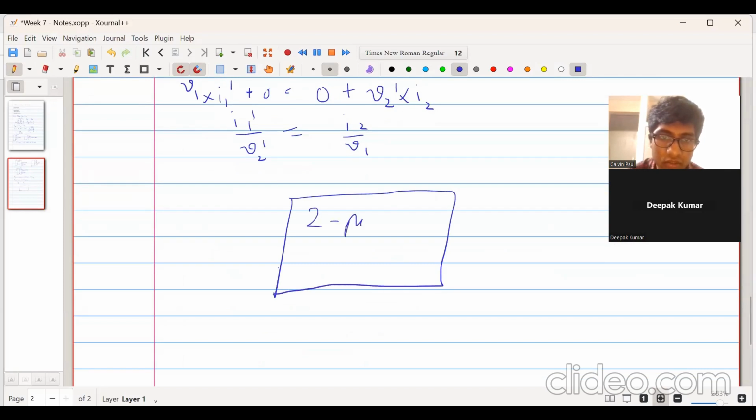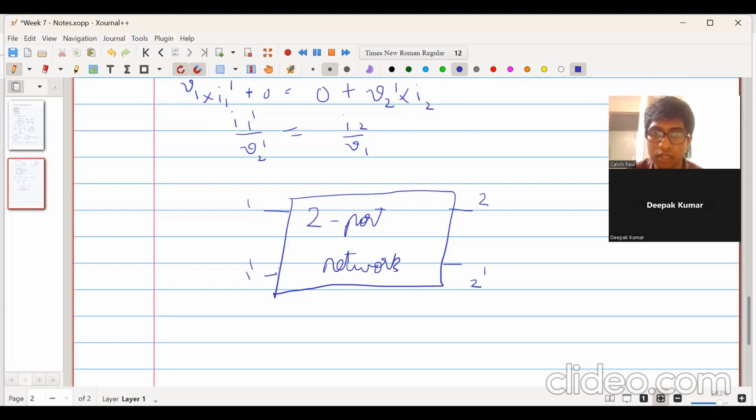This is a two-port network, with ports 1, 1 dash, 2 and 2 dash. Now we don't know what is inside this network. We have no idea what is there inside it.